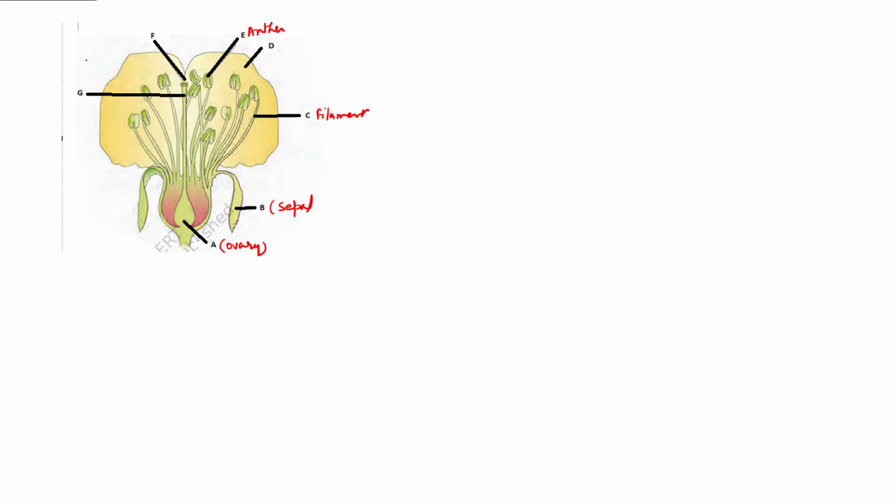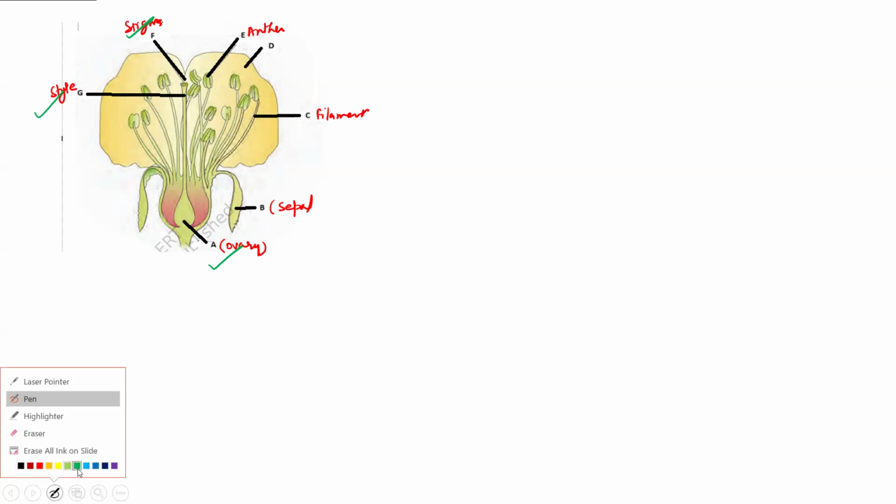Now ovary, style and stigma. This is the female part. Clear? So please understand carefully. This is the female part, ovary, style, stigma, and this is the male part, that is filament and anther, that is known as stamen.